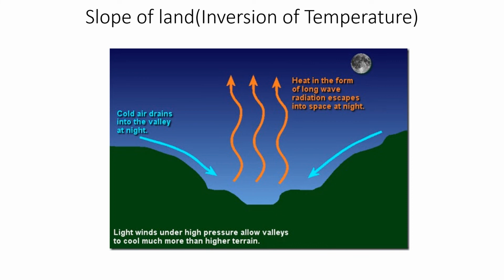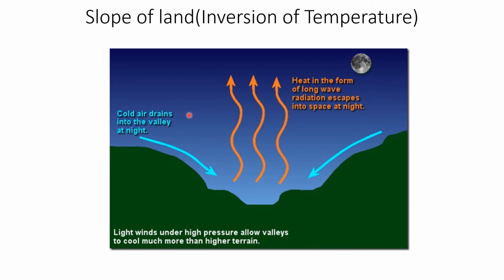The inversion of temperature happens on calm, cold winter nights when the sky is clear and the air is very dry. Due to these conditions, the heat from the Earth's surface escapes rapidly back into space, making the upper slopes warmer.